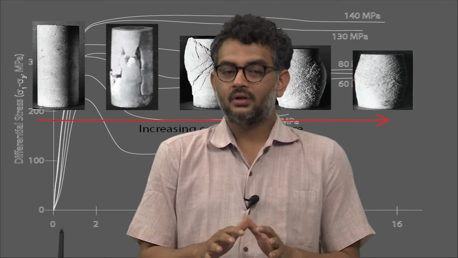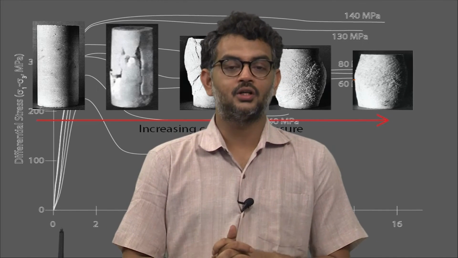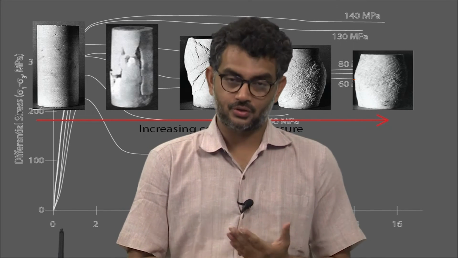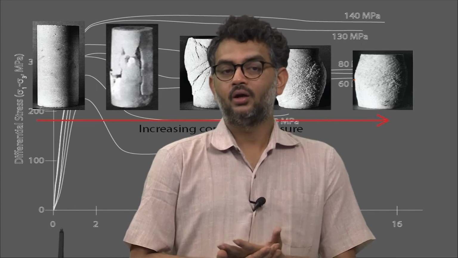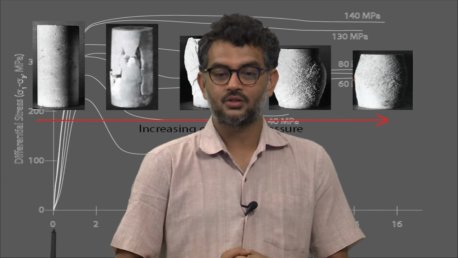So, how does it happen? What are the typical structures we produce under different rheological domains, how are they produced, and most importantly, once they are produced, do they stay as they are or do they change with time? We will answer all these questions in the next lecture on the deformation mechanisms of rocks.